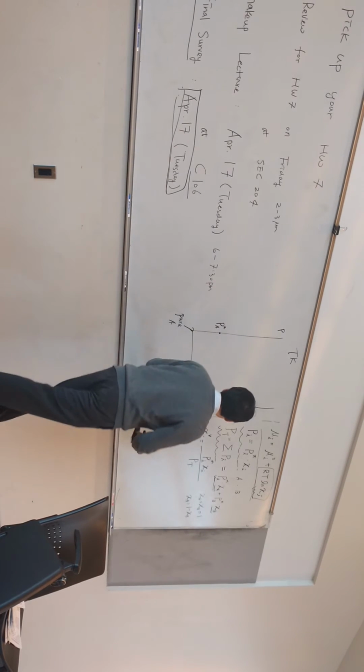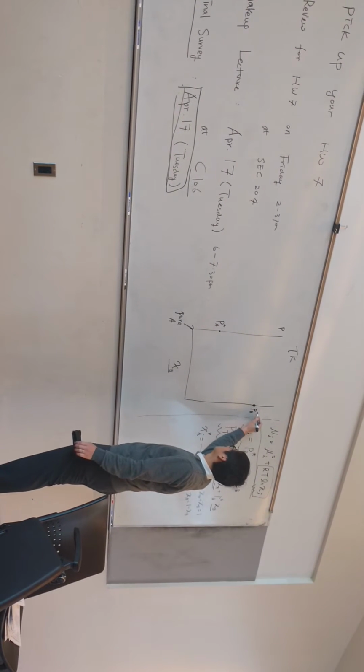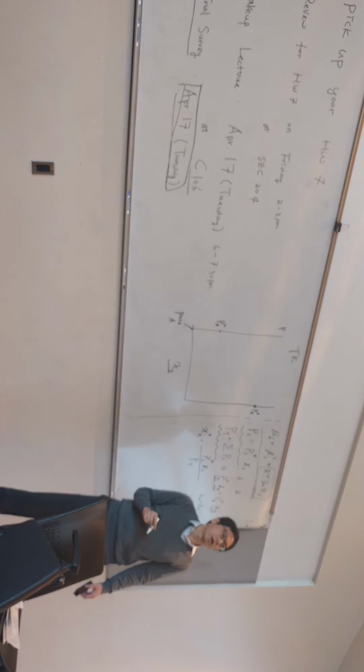If XB equals 1, that means you have pure B, then you are going to have PB star.